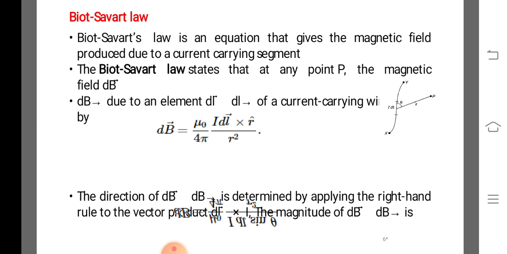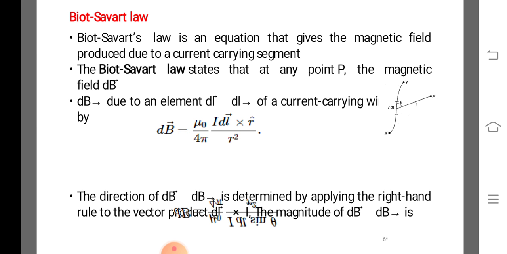We make the relation between magnetic flux density and magnetic field intensity. In electrostatics, E and D are related as D equal to epsilon E. Epsilon is permittivity.